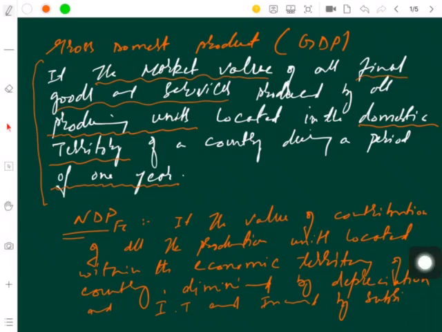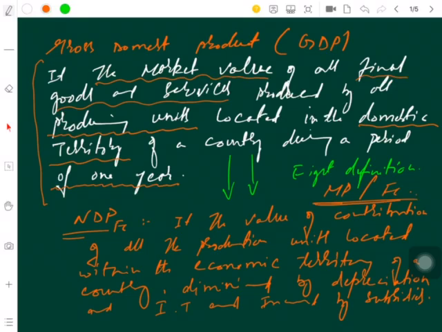Now here you must be thinking that we have got a few new words, like subsidies, but first we will understand the definition in itself. So in between these two definitions, you can clearly see that by adding or subtracting a few words only, we can make all the 8 definitions, whether at market price or factor cost.